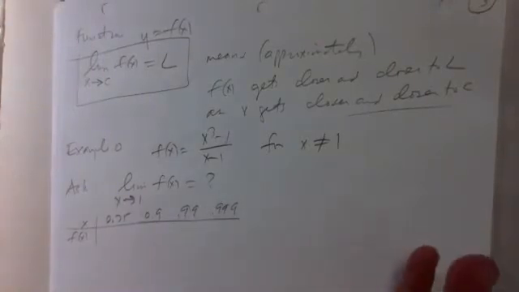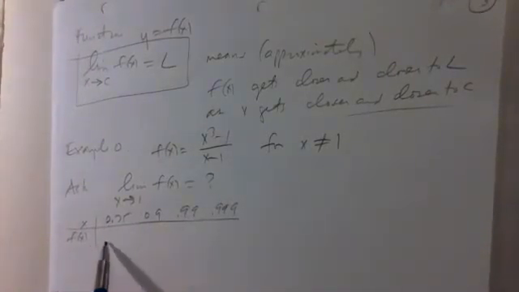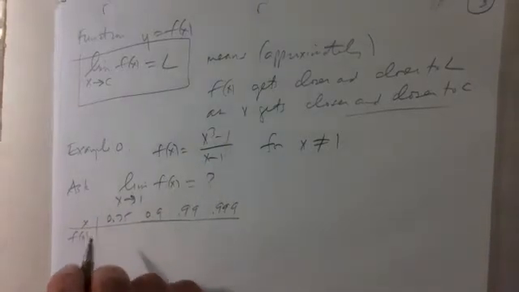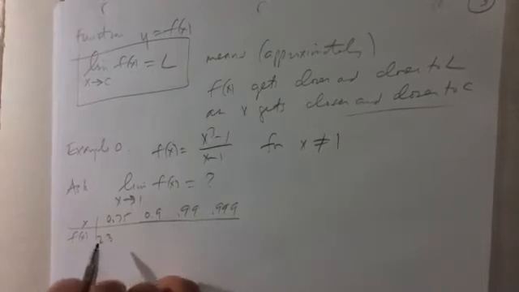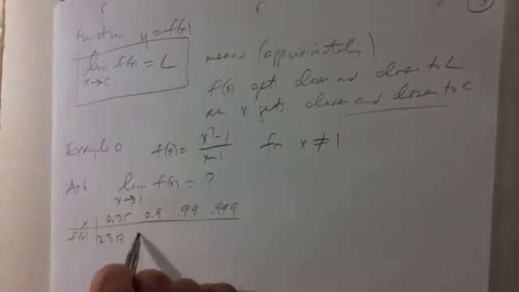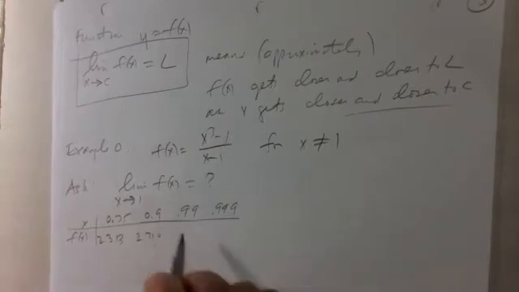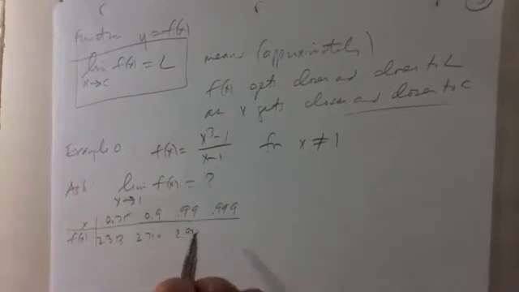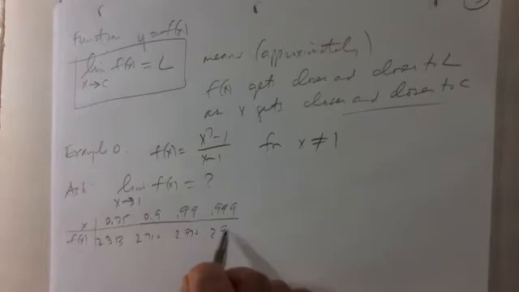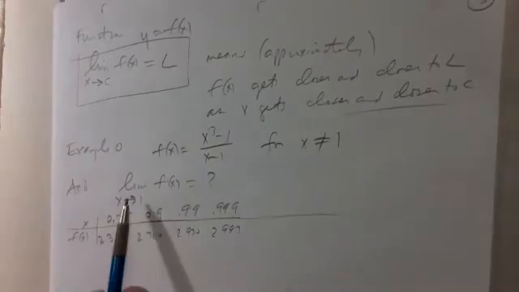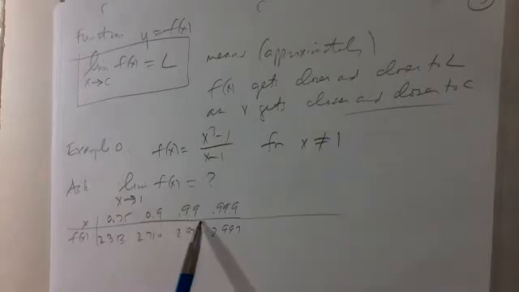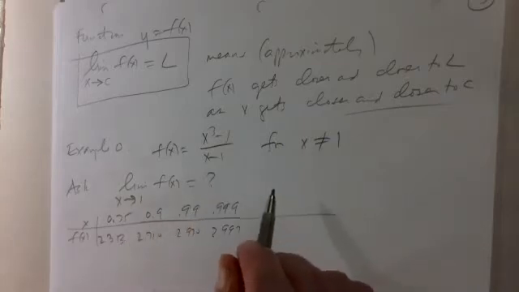And the book makes a table of this: you plug these numbers into f of x, and what the book gets is 2.313, 2.710, 2.970, 2.997. So these are values that are getting closer to 1 from below. These are numbers less than 1.